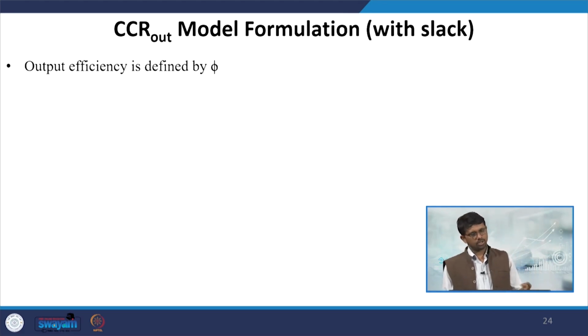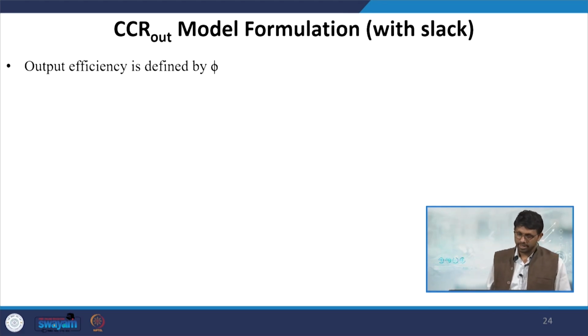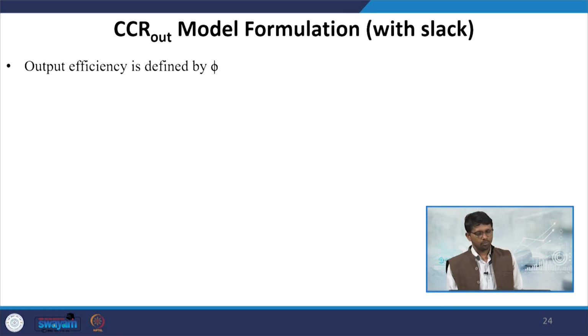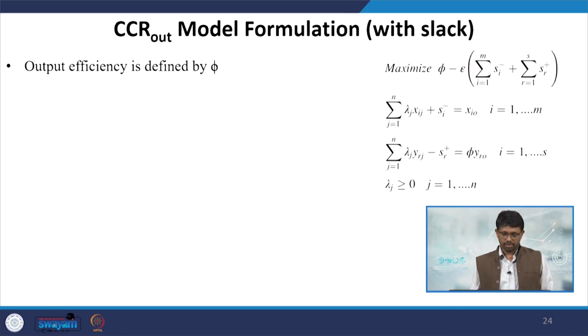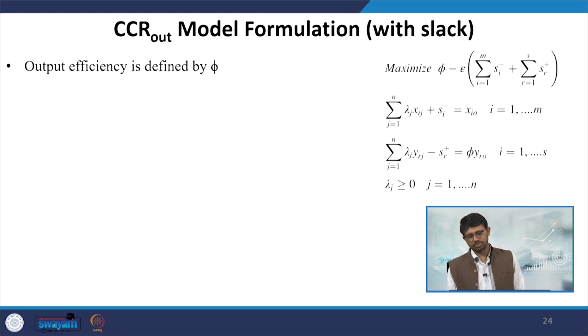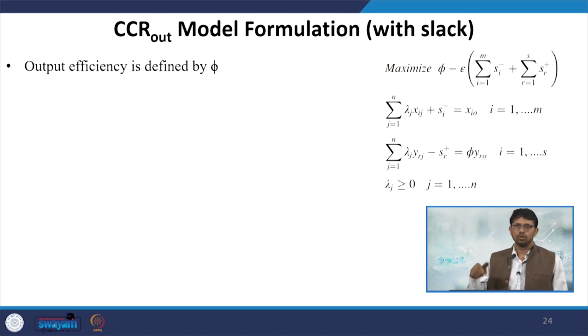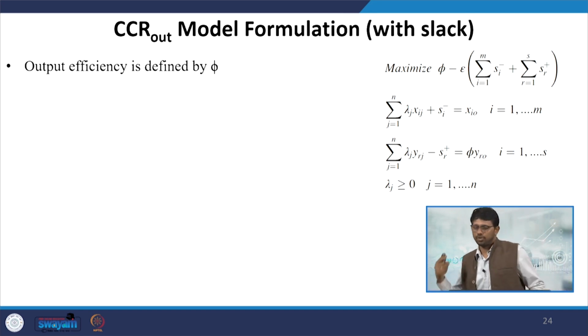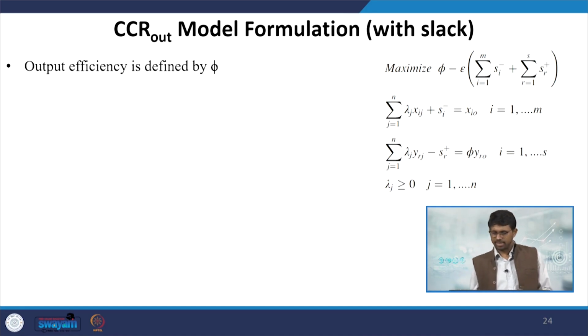Now, in short, for the CCR output oriented model, we use phi. Okay. In that case phi is maximized. Usually in the DEA formulation, or the envelopment formulation, we discussed the minimize function. Now we are discussing the maximize function, since it is output oriented. The rest are precisely the same, you can easily follow.